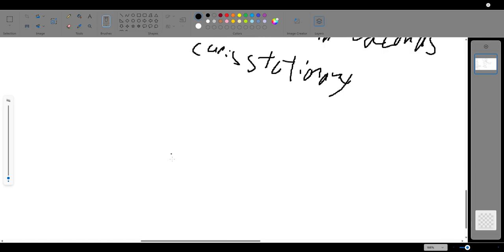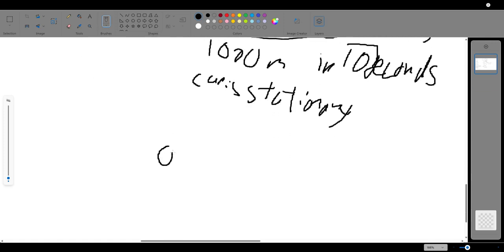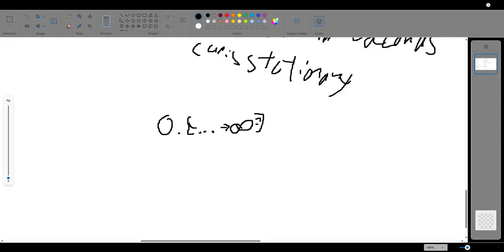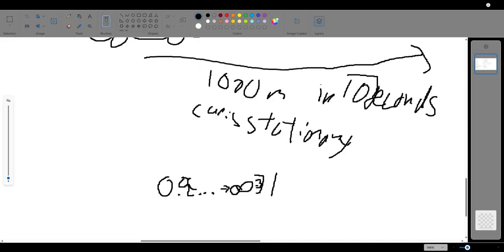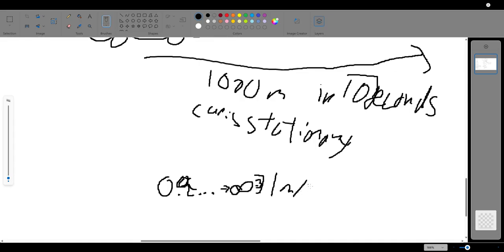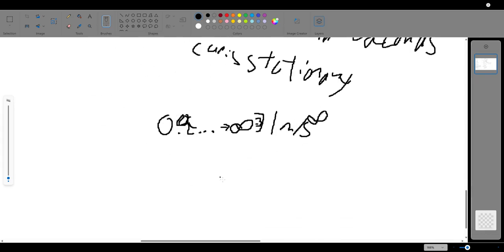Because obviously it can go to 0. Dot approaches infinity minus 3, 1. M S infinity, right?